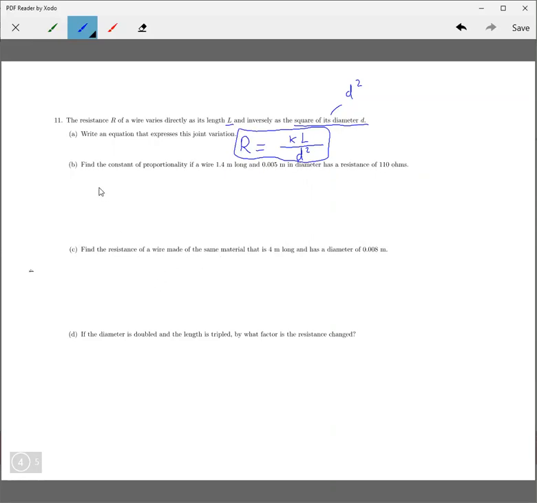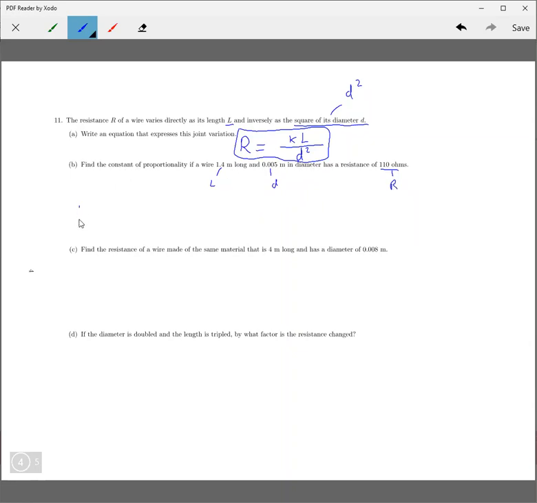Okay, part B. Find the constant of proportionality if a wire 1.4 meters long and 0.005 meters in diameter has a resistance of 110 ohms. So this is R, the resistance. This is L, this is D. So we plug those numbers in.